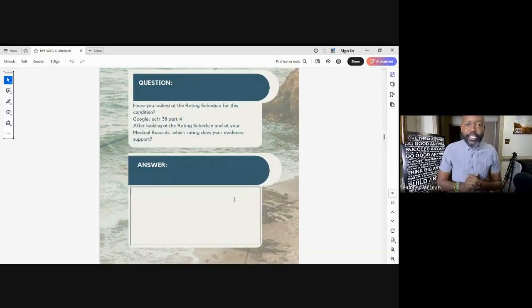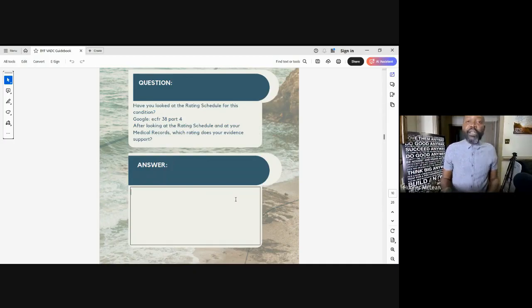So after looking at that rating schedule and at our evidence, our readings for the past year, 2 years, what it's showing us is that the diastolic is 110 or more and the systolic is about 200 or more. Now, these are extreme readings. 200 or more is that top number, and 110 or more is that bottom number.